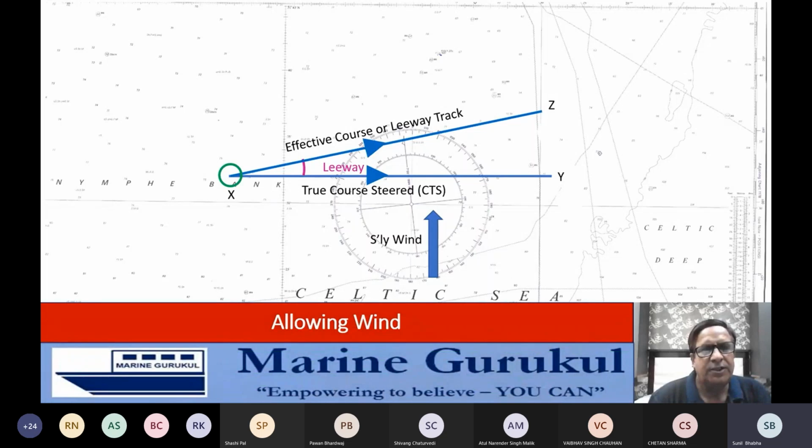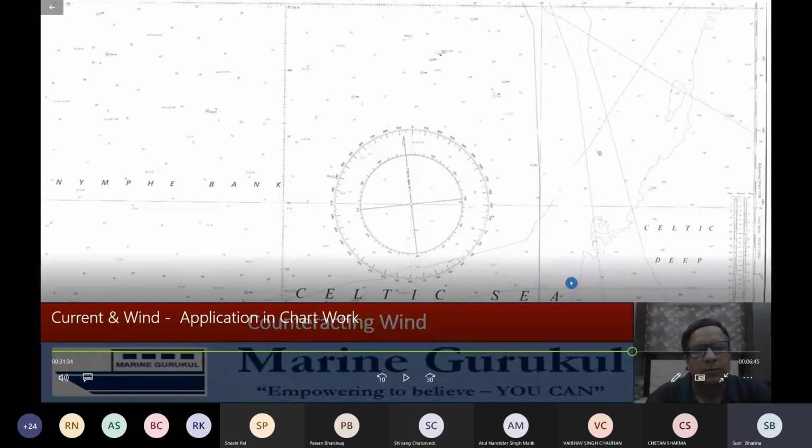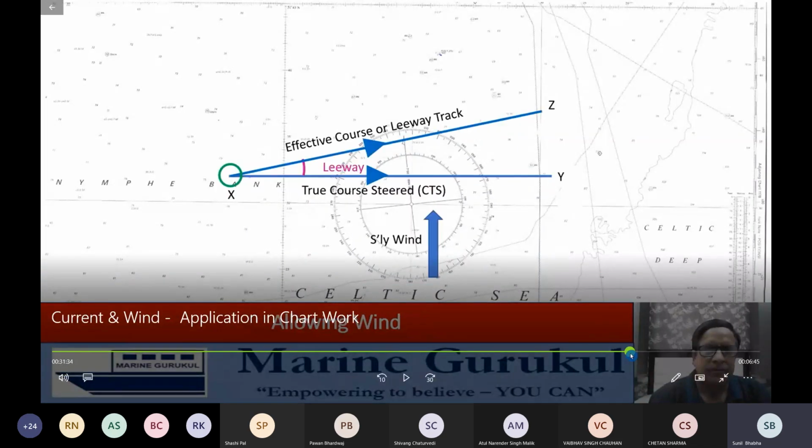The magnitude of this leeway track shall be engine distance, which in the absence of wind was the magnitude of the CTS track. As we had discussed earlier, we do not consider any effect of the wind on the speed of the ship.